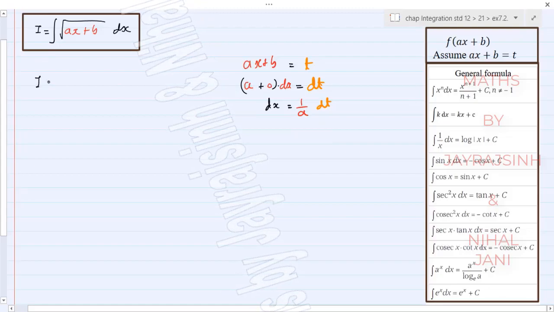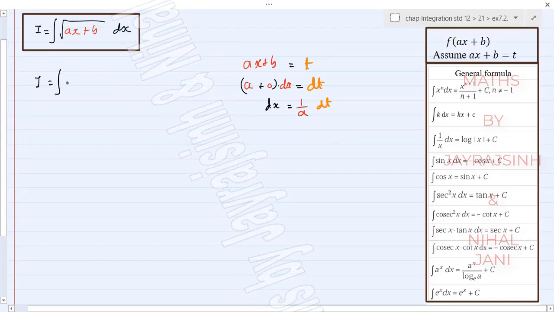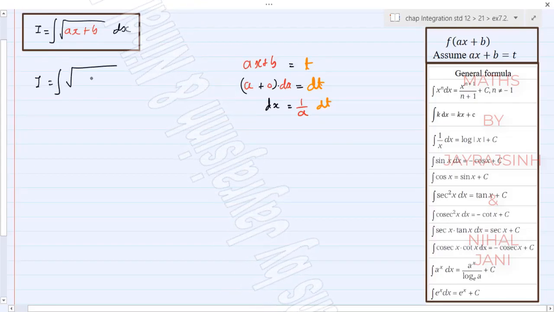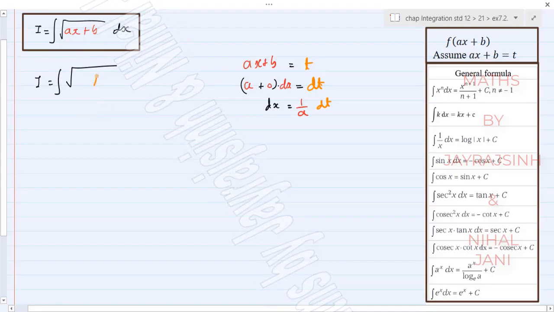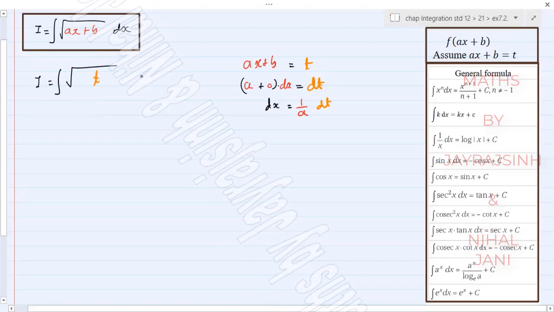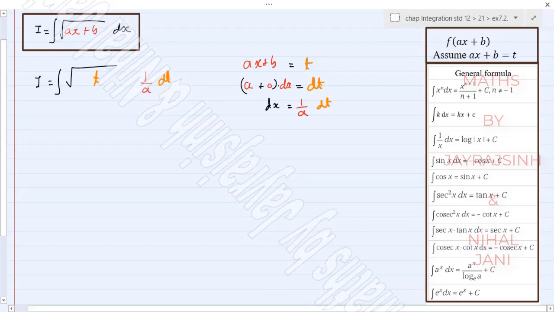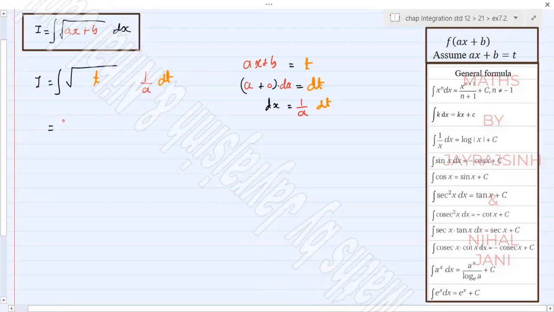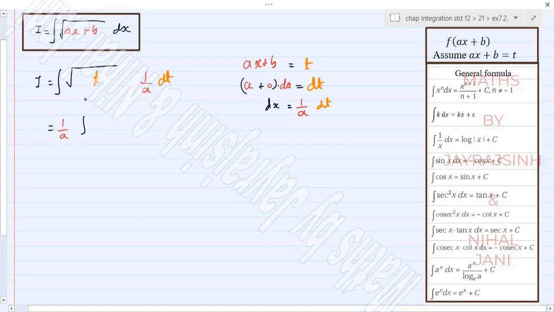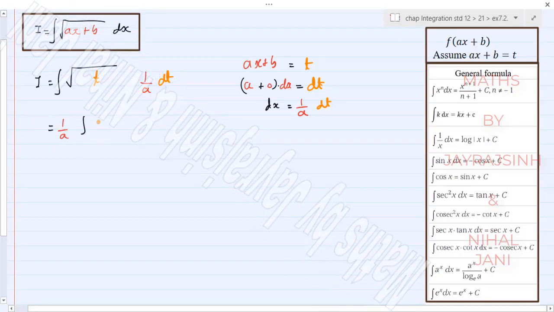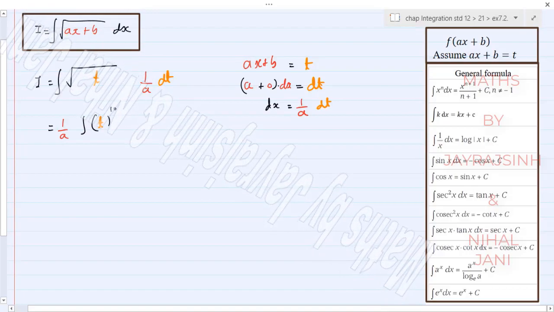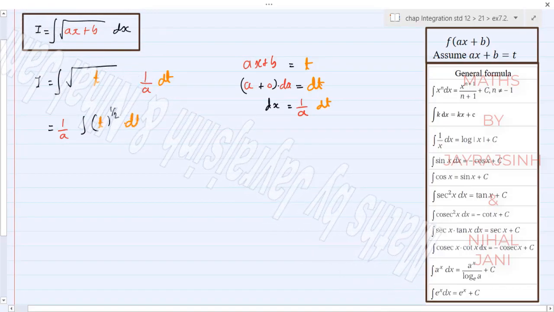Now we are ready to modify our integration. Instead of under root of ax plus b, we have to write down under root of t. And this dx is equal to 1 upon a dt. So we don't have to worry about this 1 upon a. We just have to integrate root t, or we can say t raised to 1 by 2 dt.